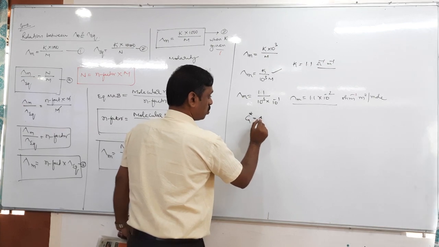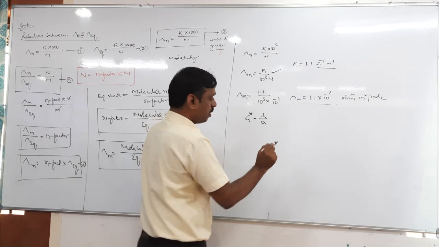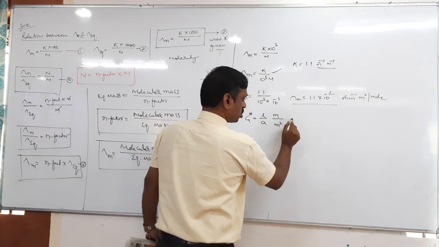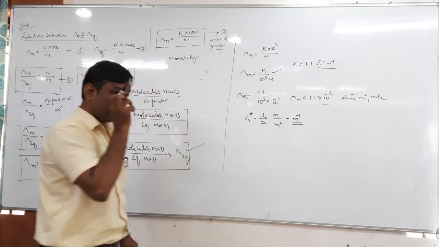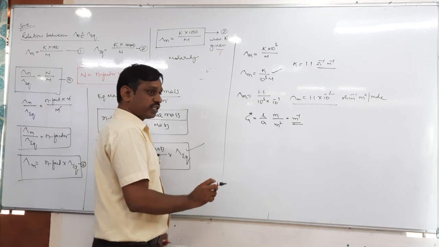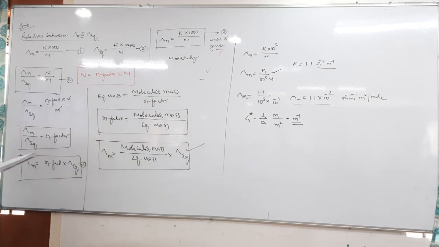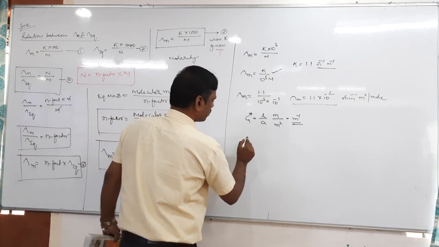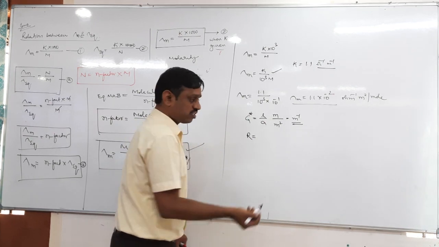G star equal to L by A, that is meter divided by meter square, so the unit is meter inverse. The cell constant value given is 100 meter inverse, and 55 ohm is the resistance. Ohm is the unit of resistance.